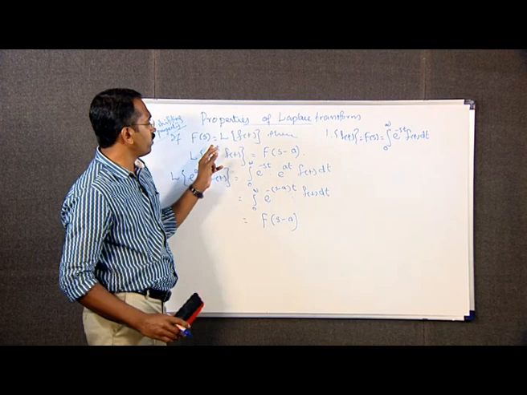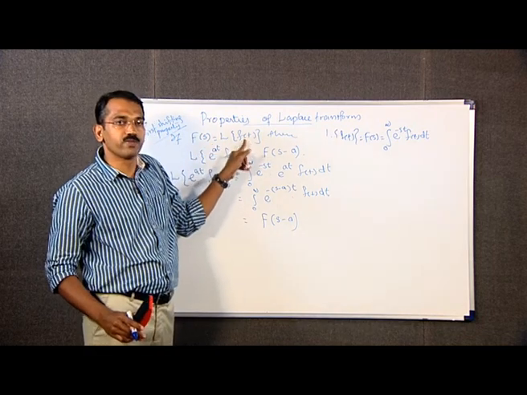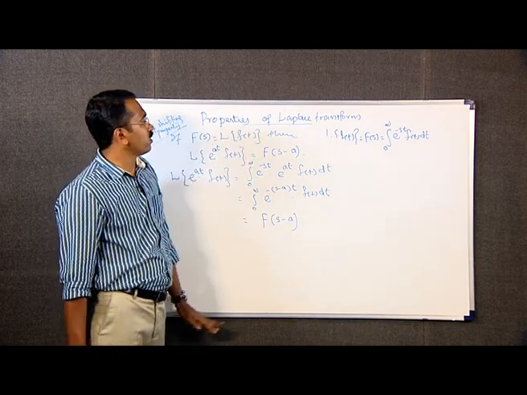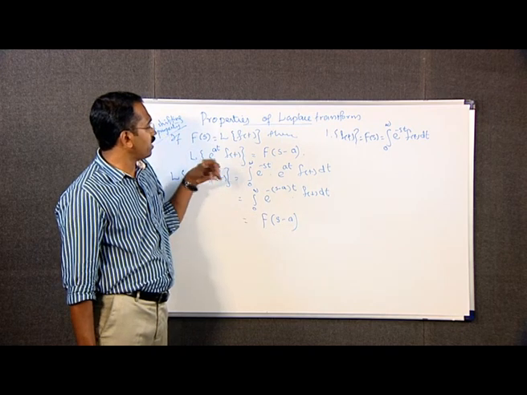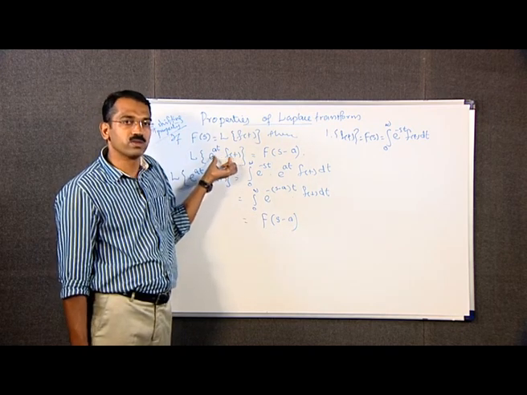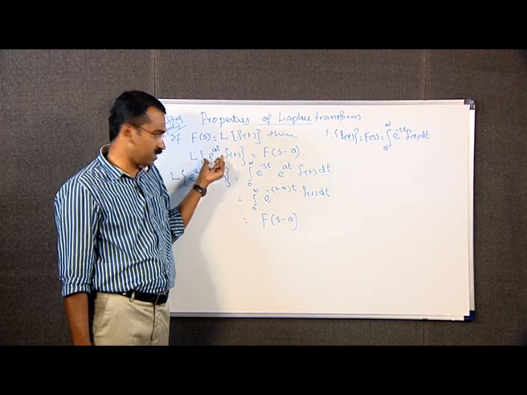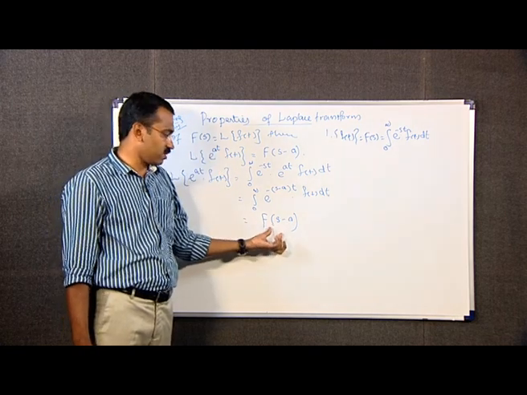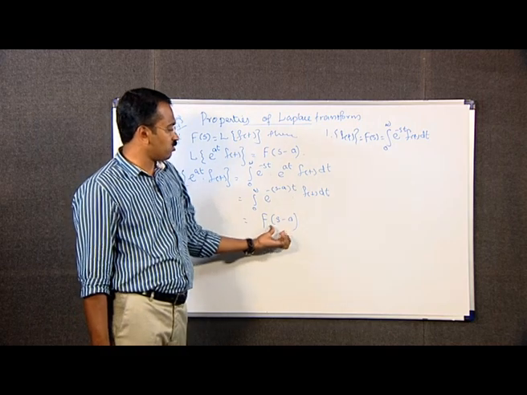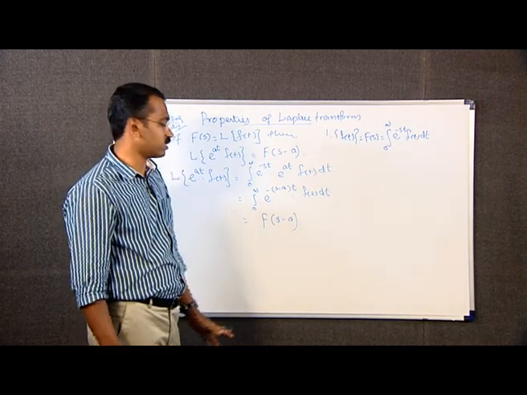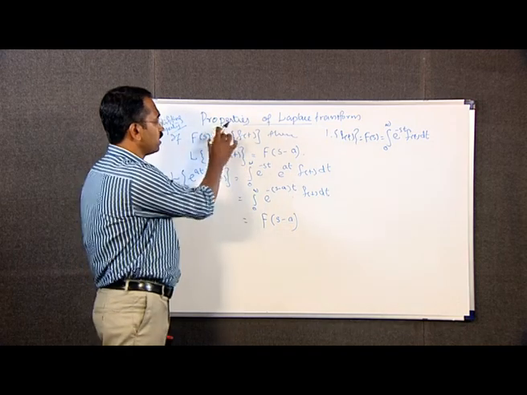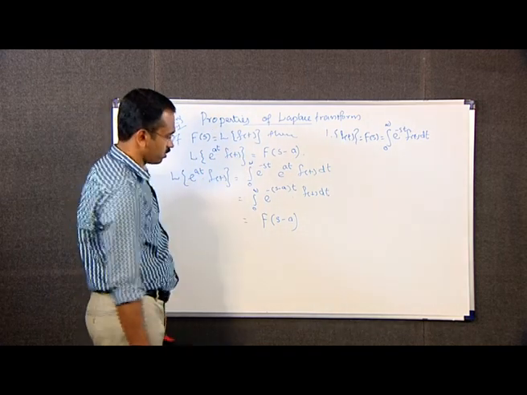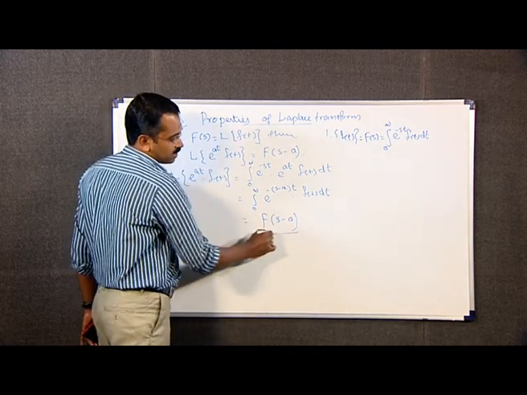That is, if we know the Laplace transform of a function f of t, then we can write the Laplace transform of the same function multiplied by e raised to a t as a function of s minus a. That is, it needs only to replace s by s minus a in the original Laplace transform F of s, which is the first shifting property.